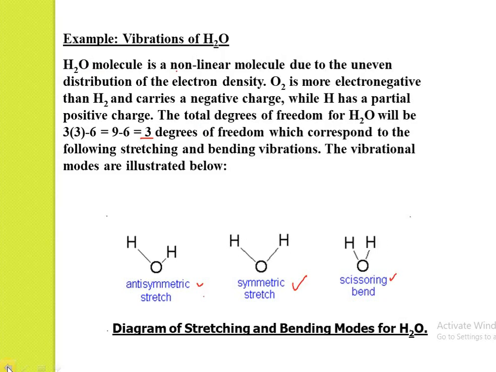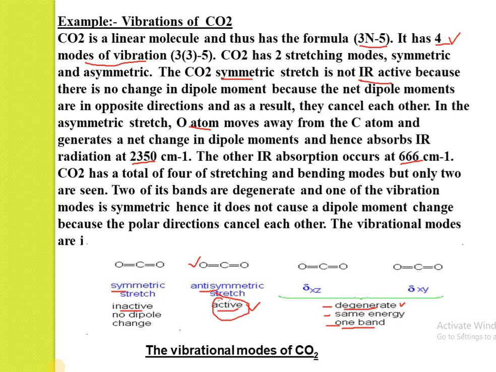So these were the 2 examples of linear and non-linear molecules showing the stretching and bending modes. So this is all about the main IR regions and the number of fundamental vibrations for a linear and non-linear molecule. Then further we will continue in the next lecture.